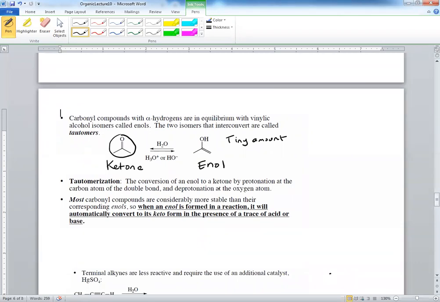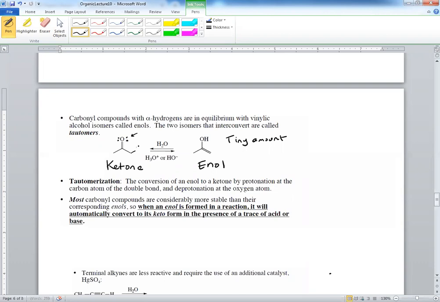It's the conversion of an enol to a ketone by protonation at the carbon atom of the double bond and deprotonation at the oxygen atom, meaning that if you protonate this O right there, then the oxygen can't have that many bonds. It's going to shift, create a double bond there, and that explains why the H is there.